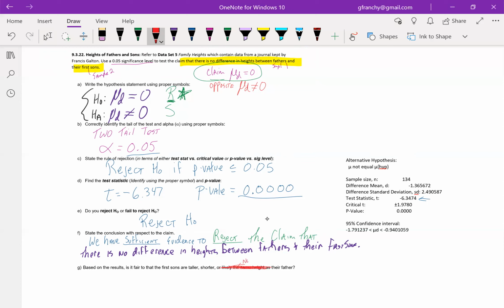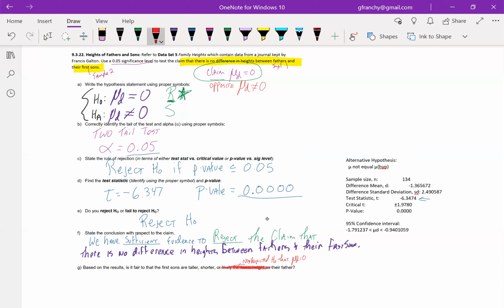So that was no, because we rejected no. We rejected the null hypothesis that there's no difference there. So now, are they taller? Are they shorter? Well, that's where we have to take a look to see where we ended up here.